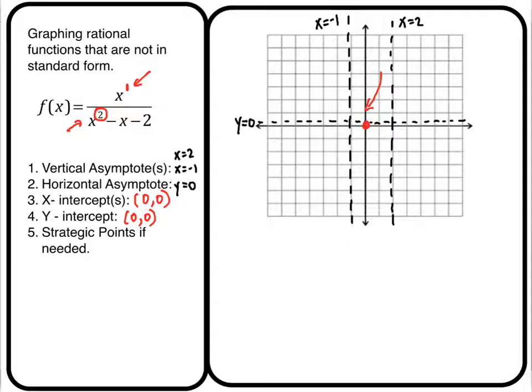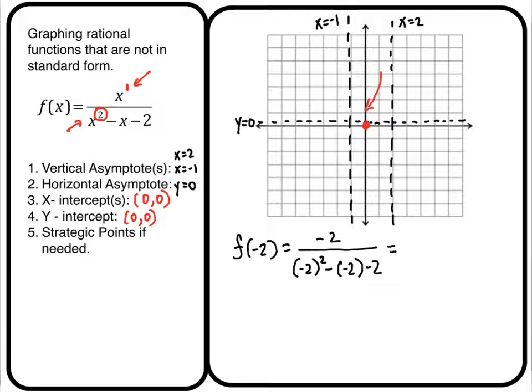Okay, so I'm going to plug in a point that's to the left of the x equals -1 asymptote, and let's do -2. So when I plug it in, I'm going to get this stuff right here, and that should tell me what side of the horizontal asymptote the graph is on.